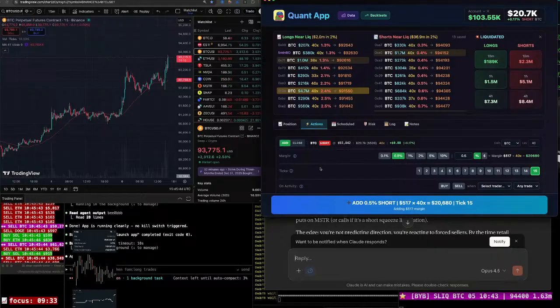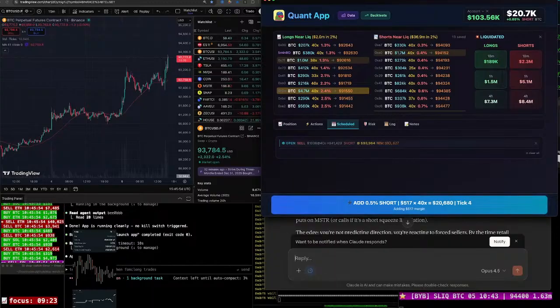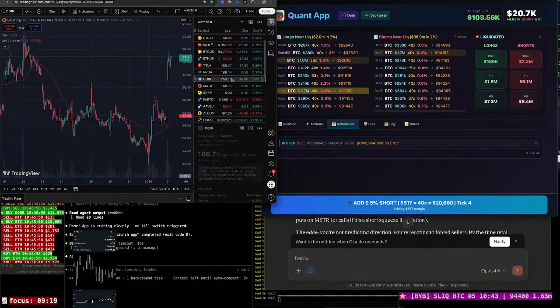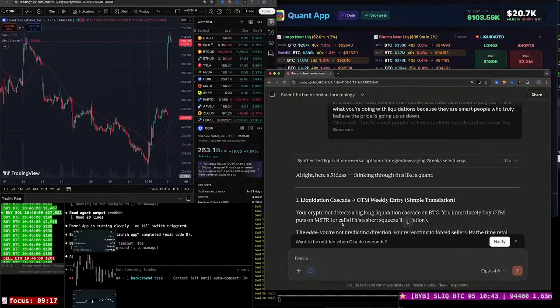This is me hand entering, pretty much. I want to get in because I feel like we're at the top of the range, but I've got these liquidation entries here, so I'm just going to wait on that. And if I want to do anything by hand, it will be adding to my MSTR Coinbase short.